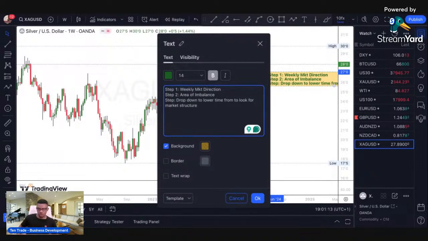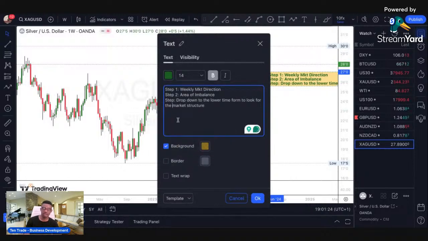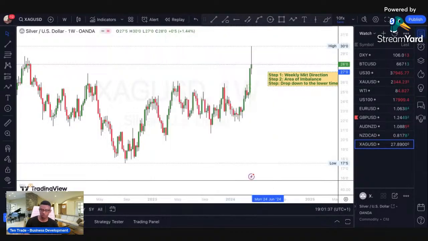So this is all we are going to do. Drop down to a lower time frame to look for market structure. A break of structure in line with our imbalance, in line with our weekly market direction, is going to be a very nice setup. So we want to look at these 3 steps and do the same thing for all the assets we have.